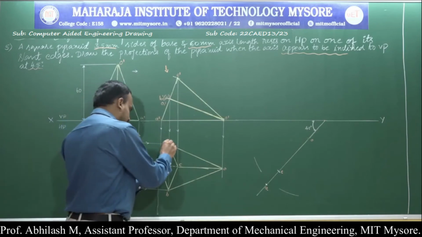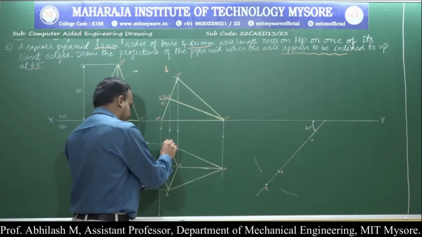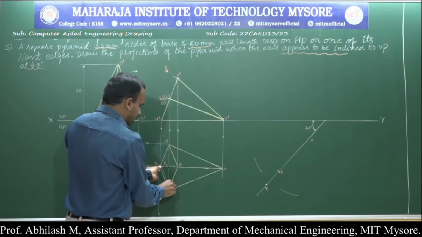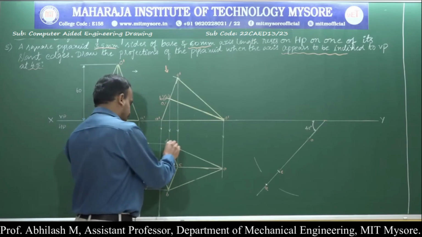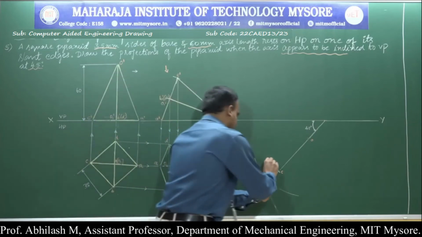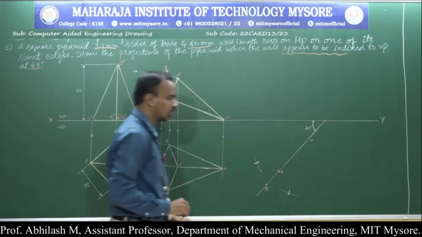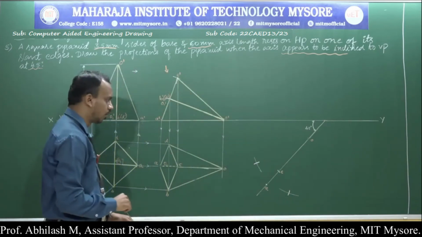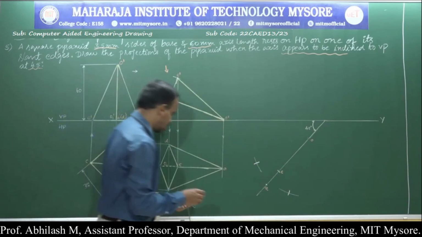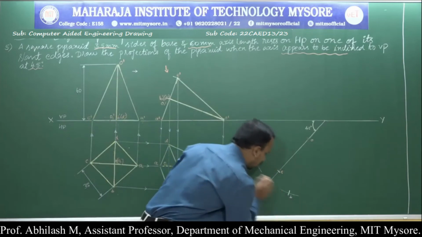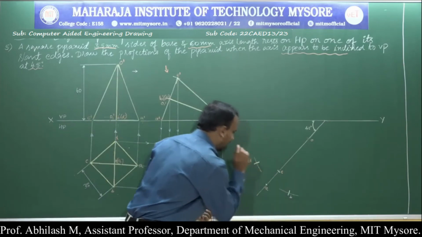Measure the distance from A to D using the arc method. It will be the same from A to B also. Transfer the points. Are we done with all the points? Yes, we have transferred all the points A, B, C and D.